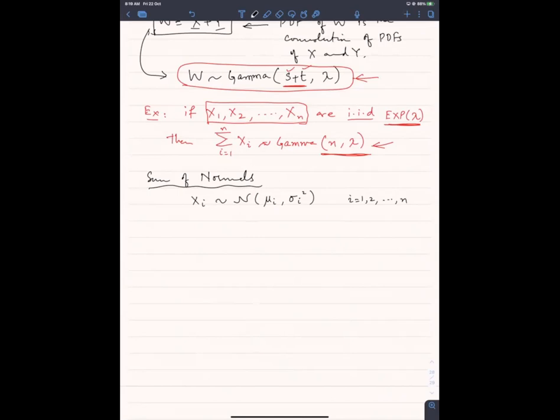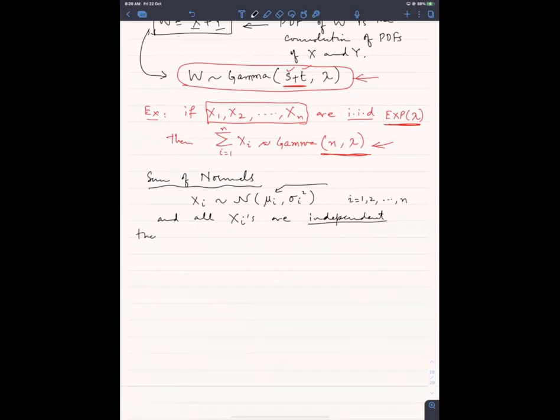Okay. And all xi's are independent. Well, they are not actually identically distributed because mean and variance are not the same. For them to be identically distributed, उनका mean variance exactly same होना चाहिए. So not identically distributed, but they are still independent.